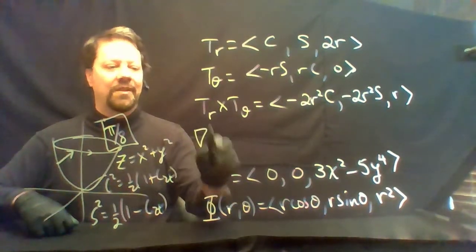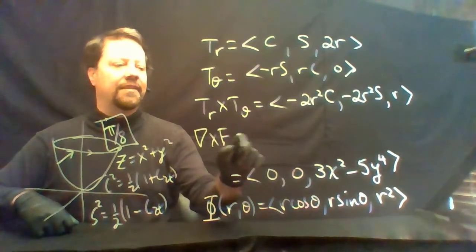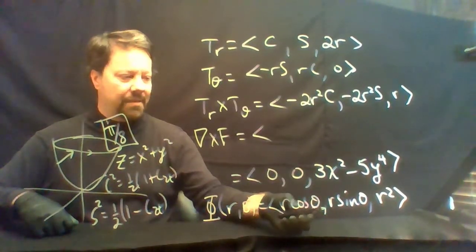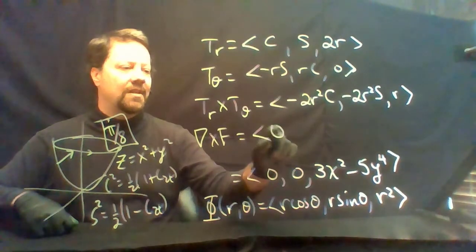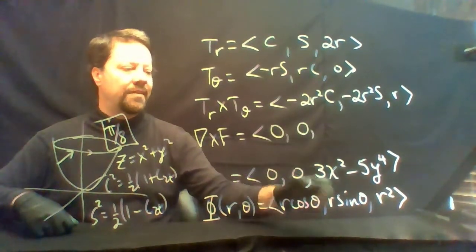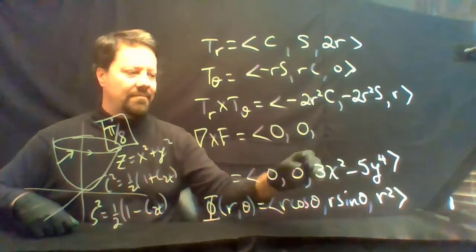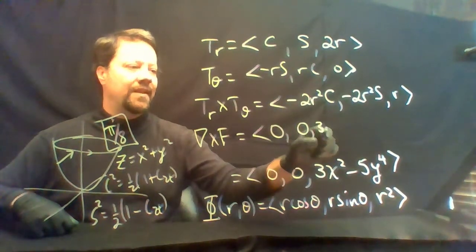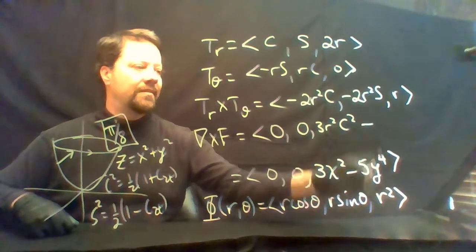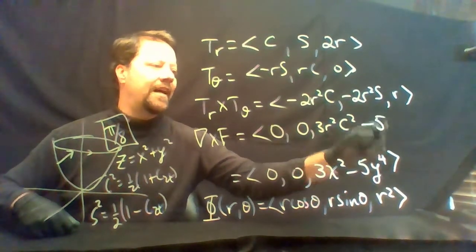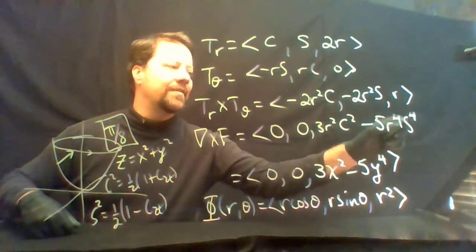Next, we'll evaluate the curl of the vector field on the surface parameterization. That's going to be 0, 0, 3r squared cosine squared minus 5r to the 4th sine to the 4th, since 3x squared is 3r squared cosine squared.